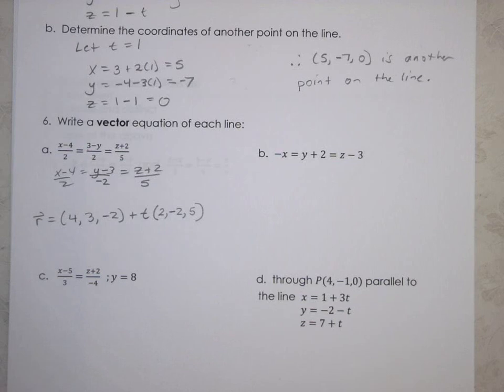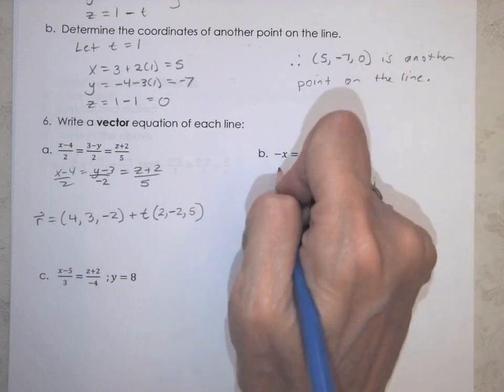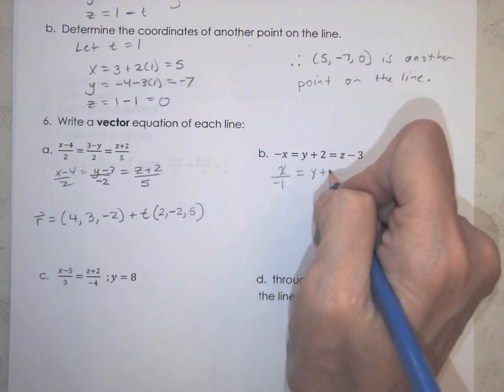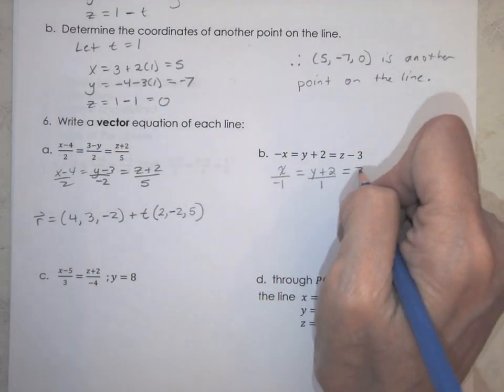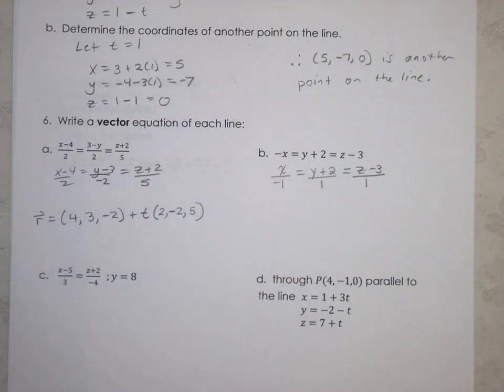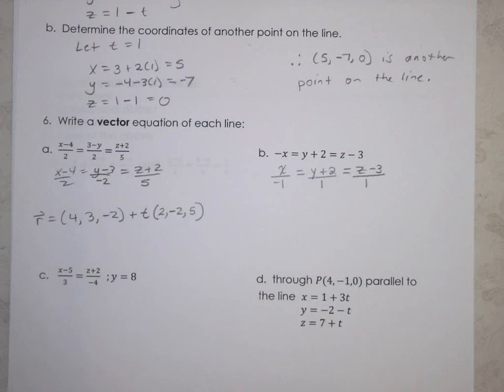The line in B, again, we're given symmetric equations, and we want to make them look like symmetric equations. Here we've got -x, but we could rewrite that as x over -1. And we can rewrite y plus 2 as y plus 2 over +1, and z minus 3 as z minus 3 over +1. So now the direction numbers pop out at us.